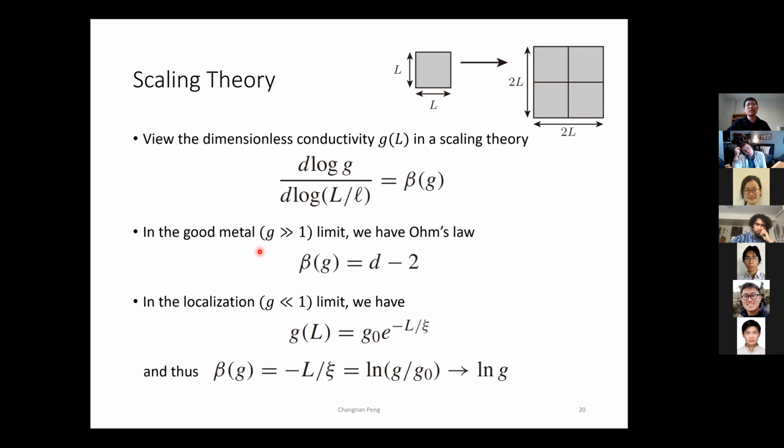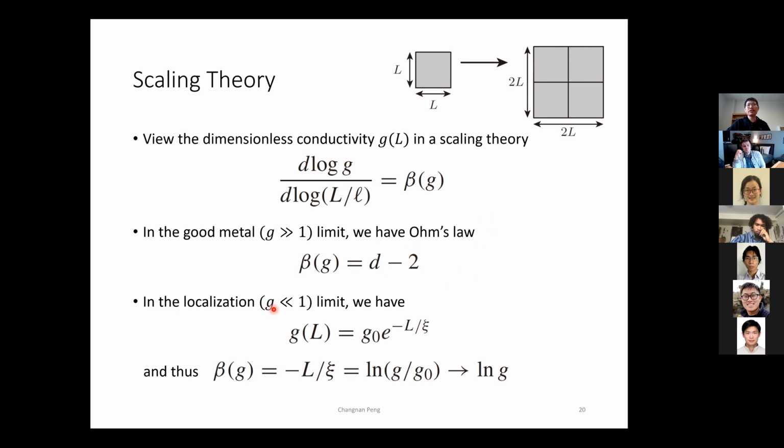In the good metal limit, where g is much greater than 1, we have Ohm's law. The dimensionless conductance scales as L to the power d minus 2, where L is the system size. In 2D, the dimensionless conductance is independent of L because we bring resistances in parallel and in sequence, and they cancel with each other. So 2 minus 2 is 0, for example.